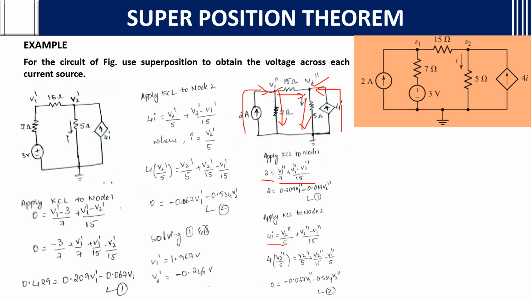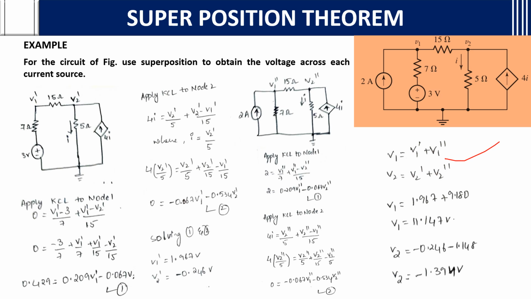After calculation and replacement, you will get the second equation. Calculating these two, you will get the V1 double dash and V2 double dash values.